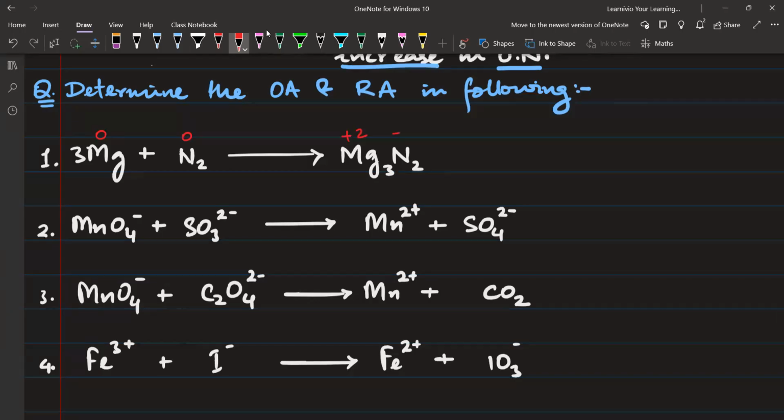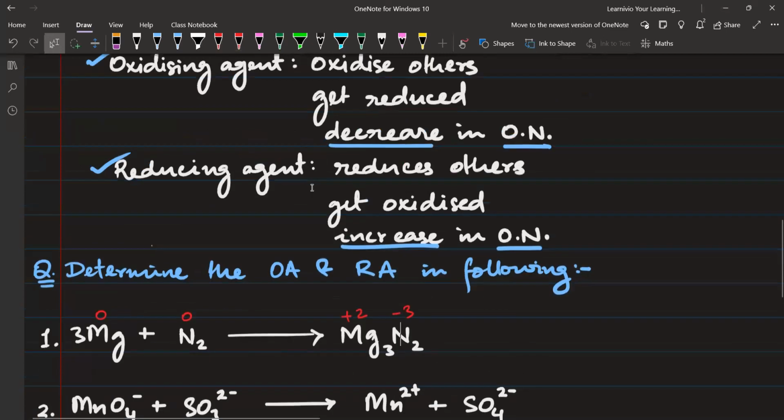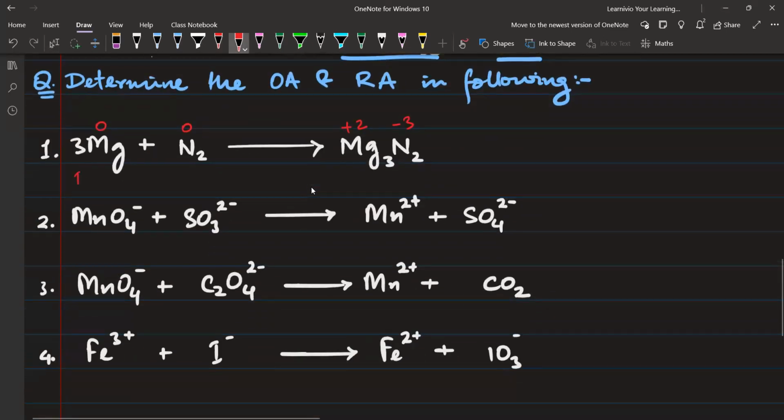And nitrogen will be -3. Now, what has happened to magnesium? There is an increase in oxidation number. So whenever there is an increase in oxidation number, that thing is a reducing agent. So magnesium is a reducing agent, and nitrogen, which has undergone a decrease in oxidation number, will be the oxidizing agent. You have to do all of them this way.